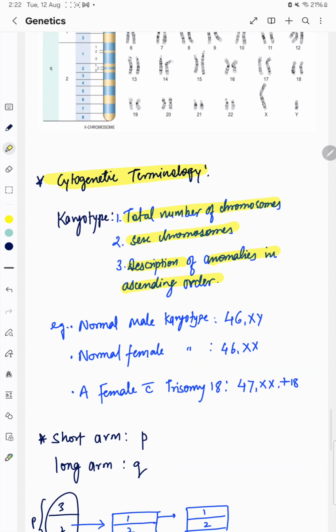For example, in a normal male karyotype, 46 is the total number of chromosomes followed by the sex chromosomes, which are X and Y. In a normal female karyotype, 46 is the total number of chromosomes followed by the 2 X sex chromosomes. Likewise, a female with trisomy 18 is denoted as the total number of chromosomes, which is 47, followed by the sex chromosomes, 2 X, and the anomaly, which is an additional chromosome 18.